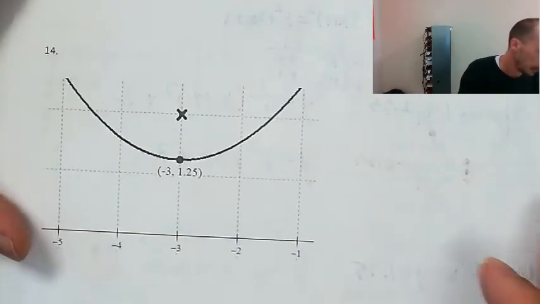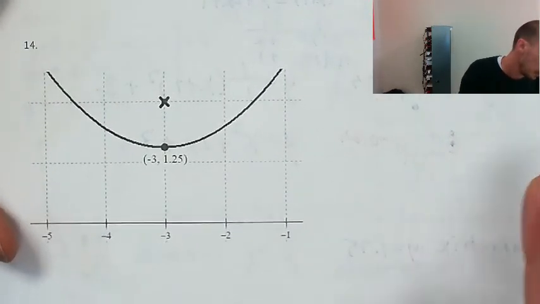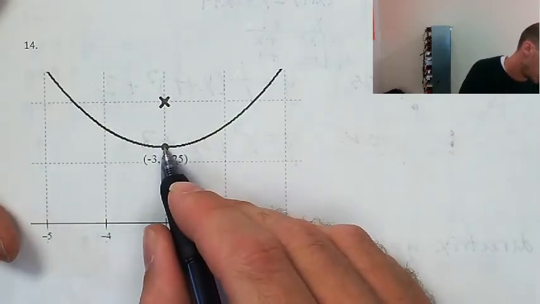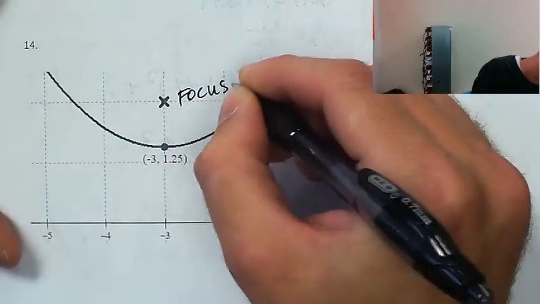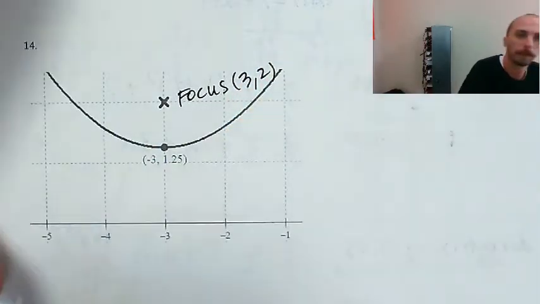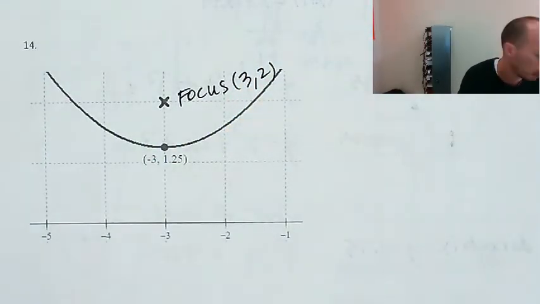All right, now here we've got one more. The vertex is at 3 and 1.25, and the focus is at 3 and 2. It's nice to do one where the vertex is at a non-integer. I can work with this.